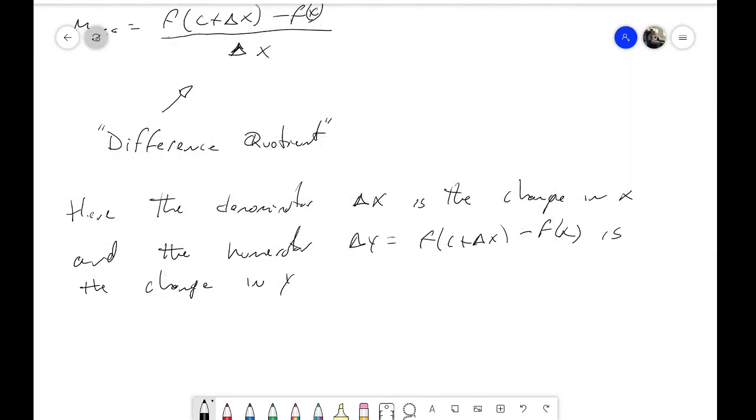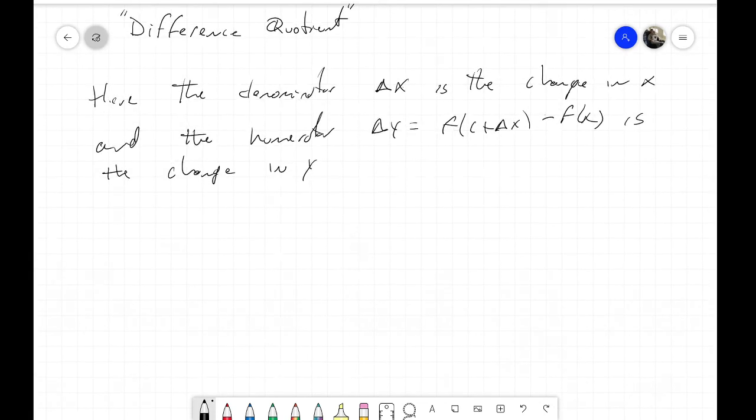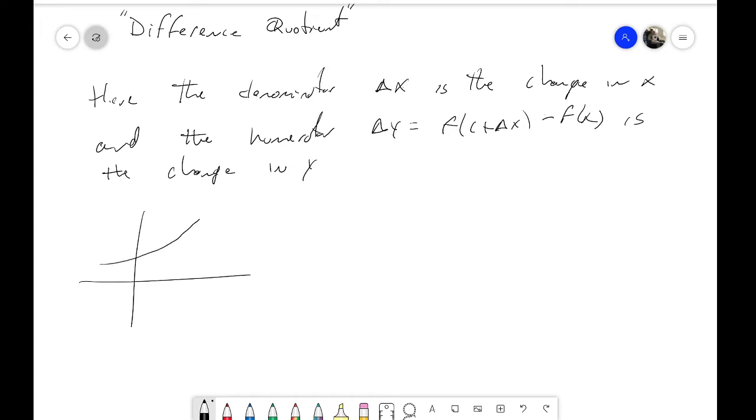Now, the beauty of this definition is that we can obtain more and more accurate slopes for the tangent line by choosing points that get closer and closer to the point in question. So for example, let's say we're looking at a graph like this, and we begin with a point here that we want to find the equation of the tangent line at, and we make another point here, and we make a secant line.